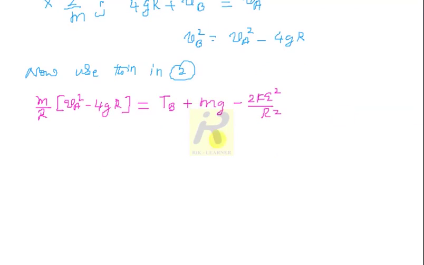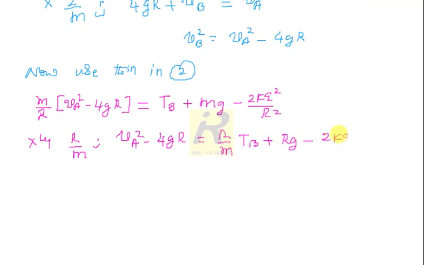So this is what I got, and now again multiply by r divided by m. So when I do that, I simply get va square minus 4gr, which equals r divided by m into TB plus rg minus 2kq square divided by r into m. This is what I got.